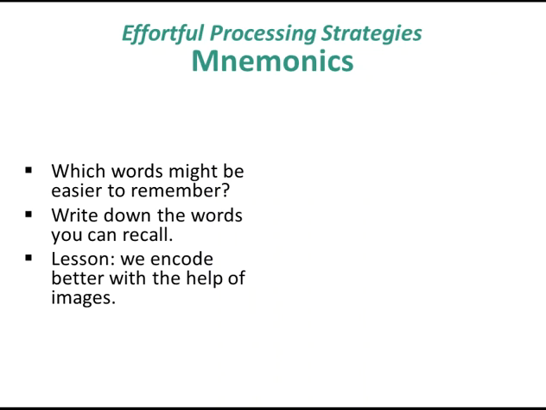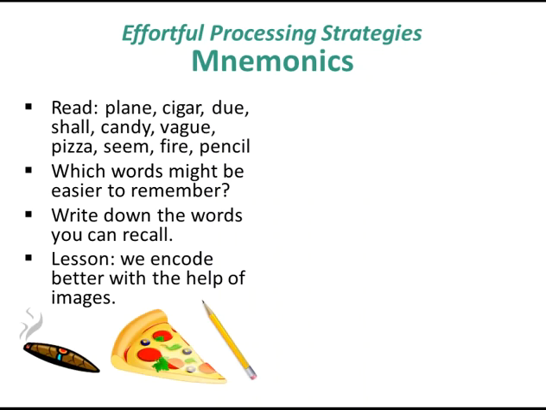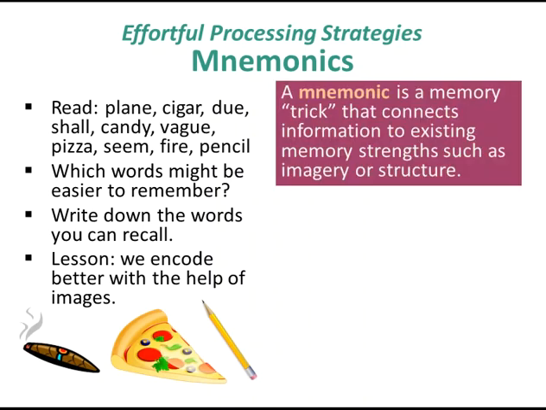We encode better with the help of images. Cigar, pizza, pencil. A mnemonic is a memory trick that connects information to existing memory, strengthened by things such as imagery or structure.